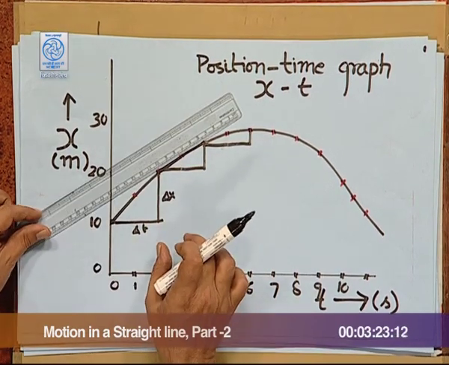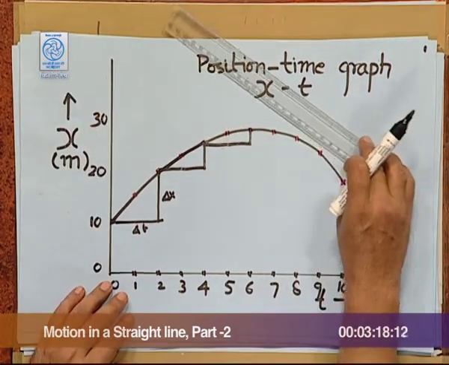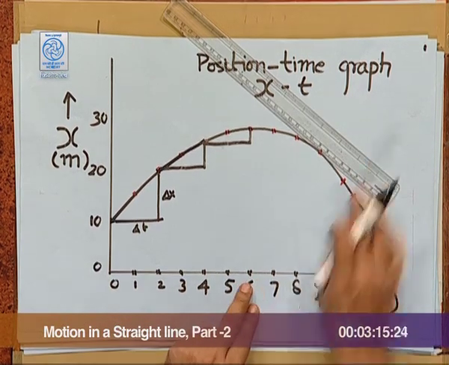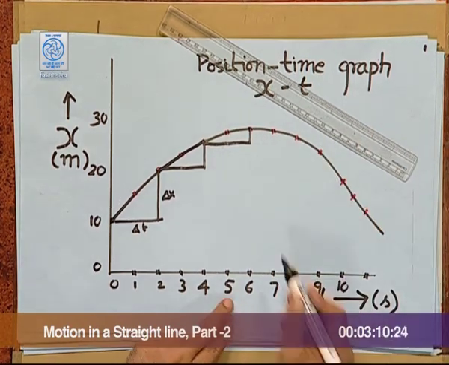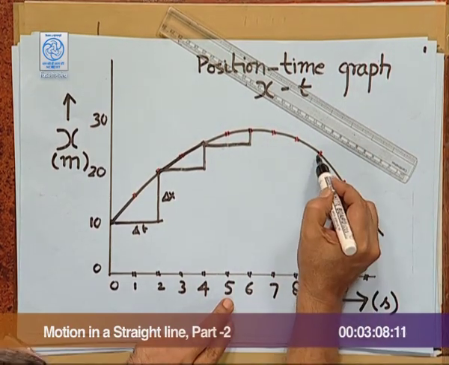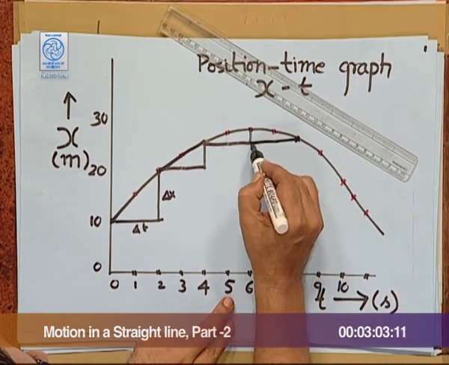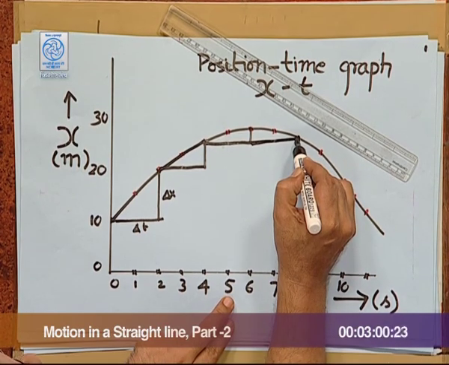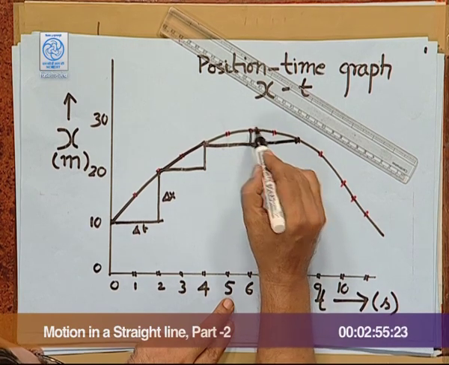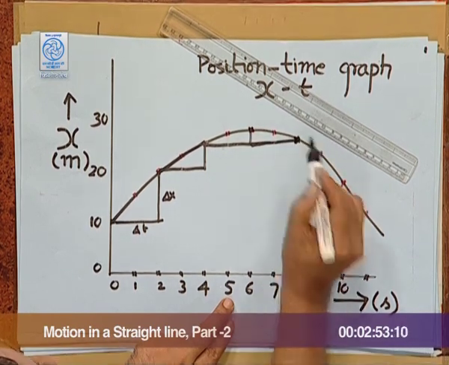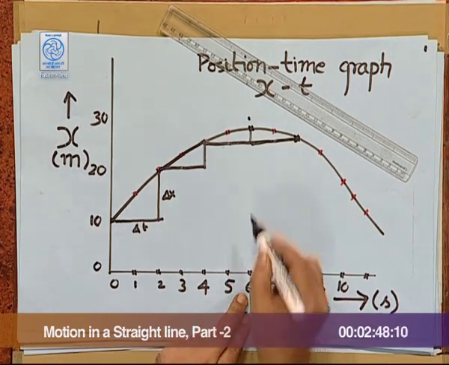Now, in this graph, the slope goes on changing, but look at this, when it goes on after 6 seconds, say between 6 and 8 seconds, the slope is negative. What do you mean by the slope is negative? Look at this. At time t equal to 6 seconds, this was the position.